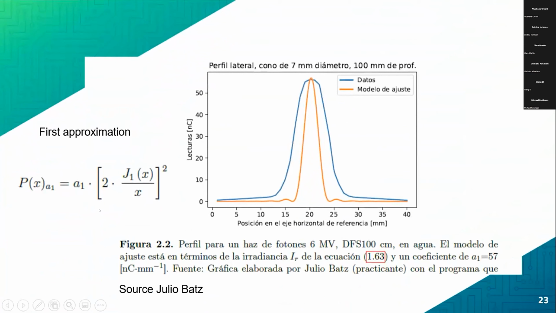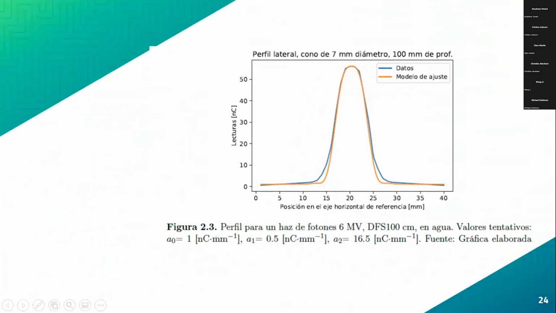And if we use just one term of the polynomial, we don't have a very good correlation, but if we use three Bessel coefficients, we have good correlations, and this is for a 7 millimeter diameter collimator and 100 millimeters of depth.